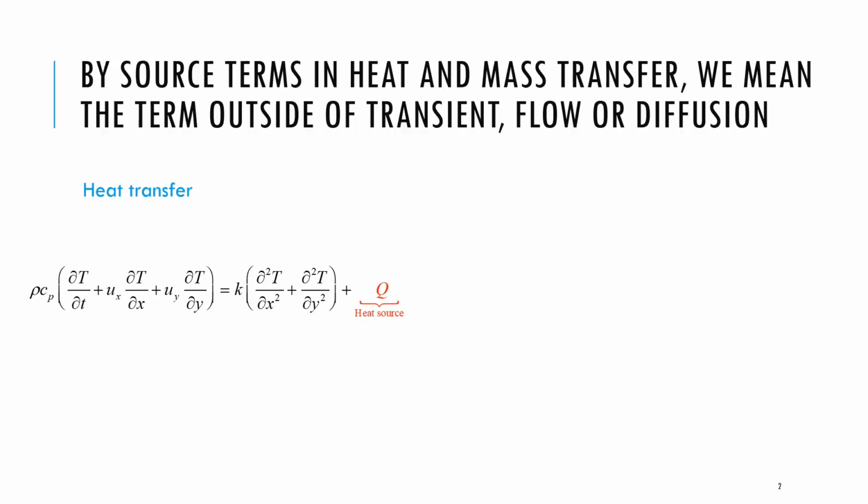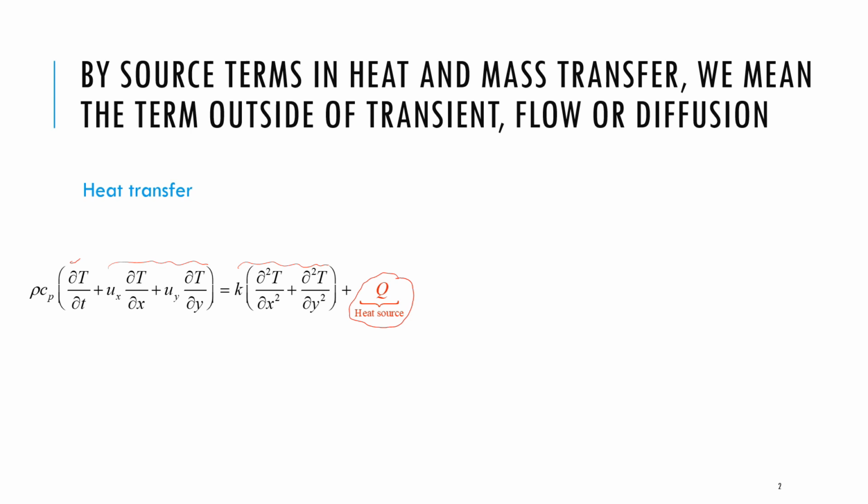So just like in the heat equation, we have a source term that is separate from transient or flow or conduction. It seems to represent just thermal energy appearing somehow.